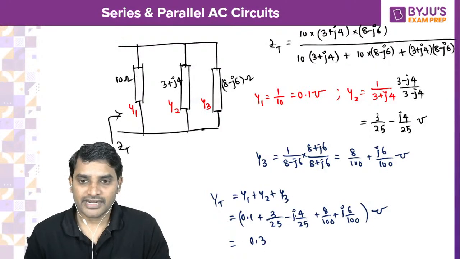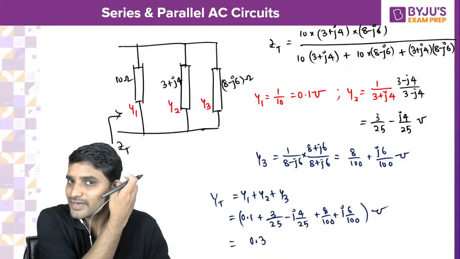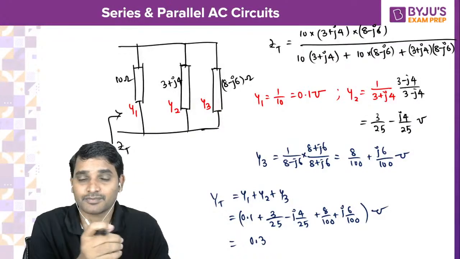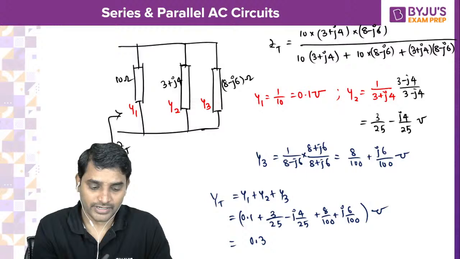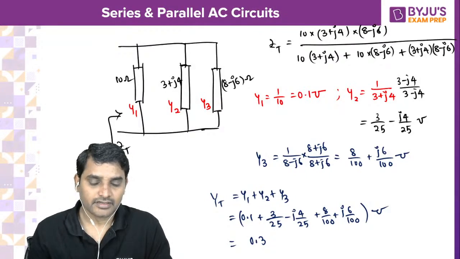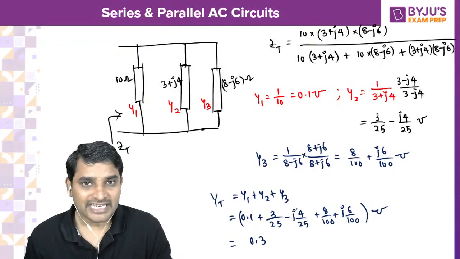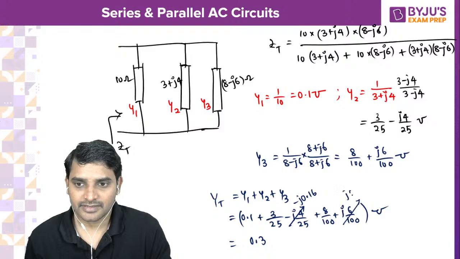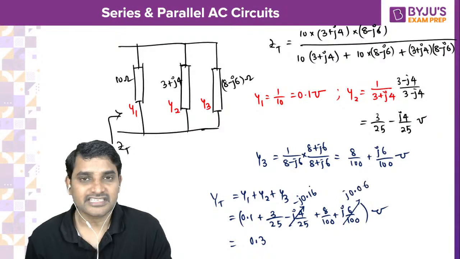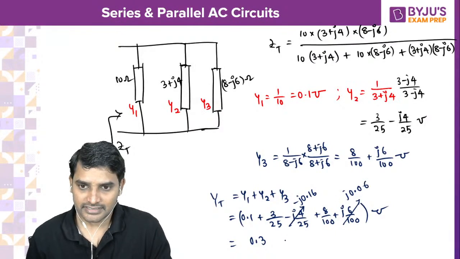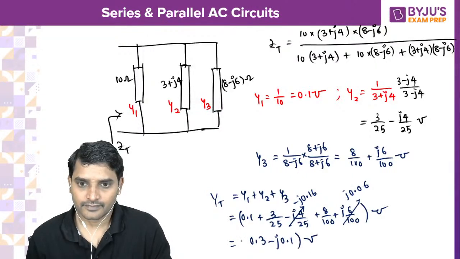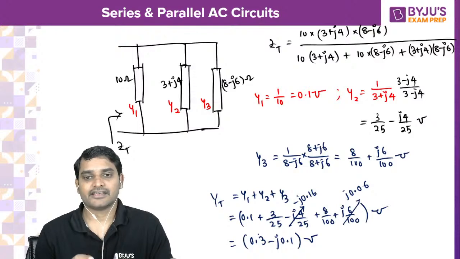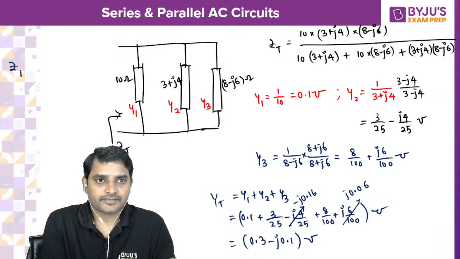Now for the imaginary part, 6 by 100 is plus j0.06, and 4 by 25 is 0.16, so minus j0.16. Obviously this is greater, so you get minus j0.1. This is total yt.